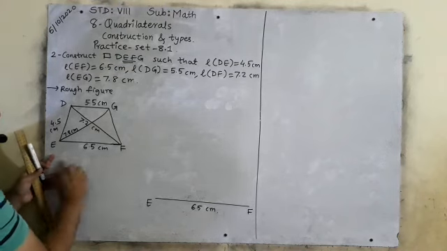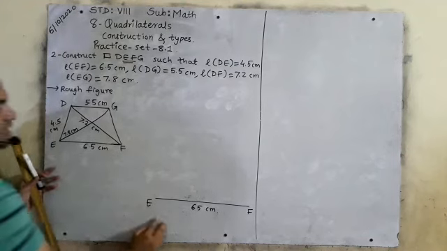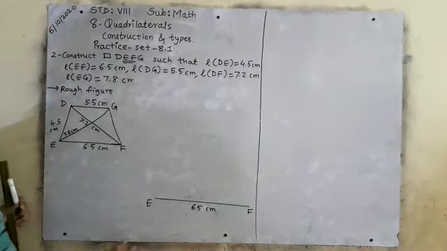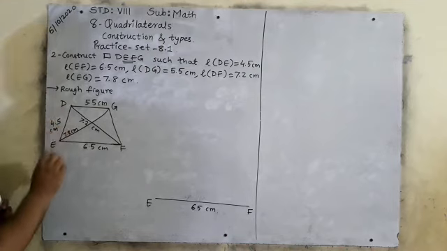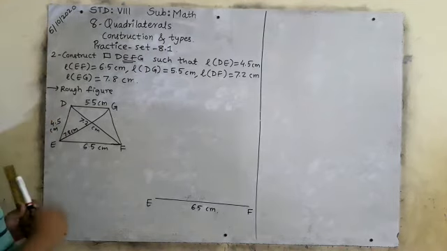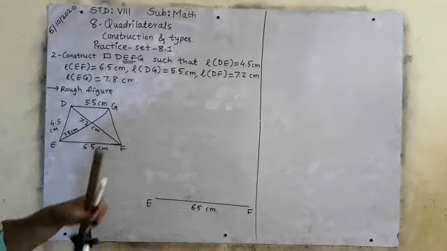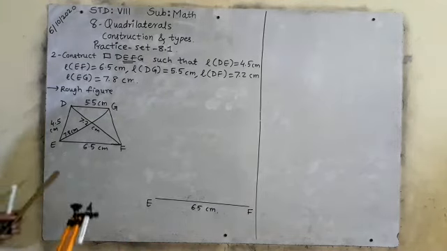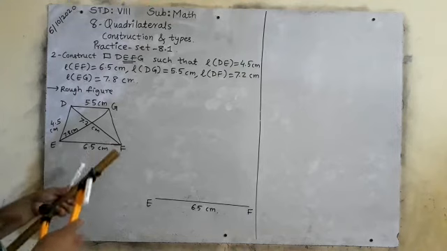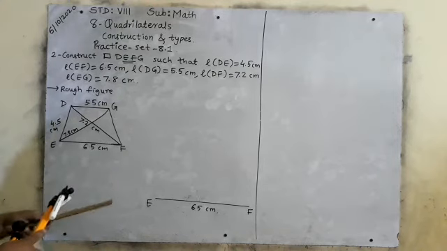First we will take EF as a base, 6.5 centimeter. Now we will take ED. We will take ED 4.5 in compass. Pay attention. EF 6.5 centimeter. Then I will use 4.5 ED.